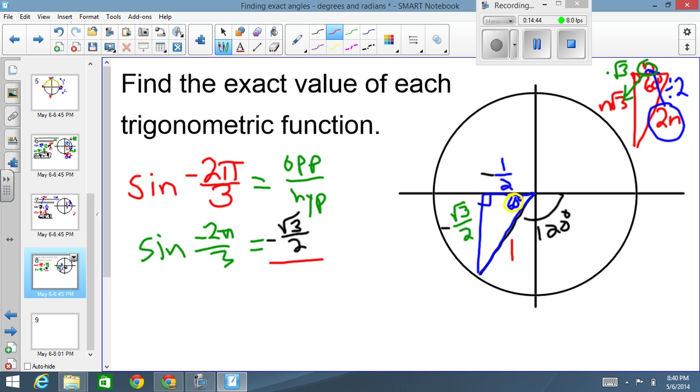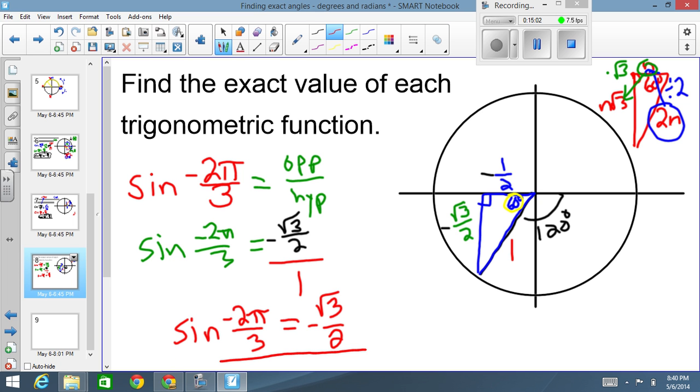My radius is 1, positive 1. Even though we're down there in that quadrant, it's a positive 1. So any number divided by 1 is just itself. Negative radical 3 over 2. That's the value.